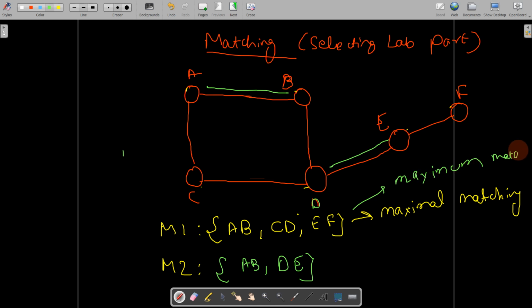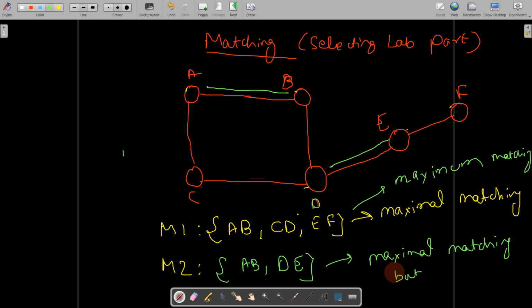And this one, AB, DE, is a maximal matching. See, I cannot add more edges from here, right? Here also, I cannot add any more edge to make it a bigger set. So this is a maximal matching, that is, a set of non-adjacent edges that cannot be extended.